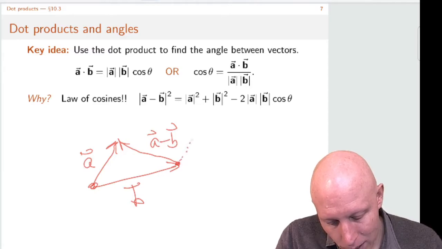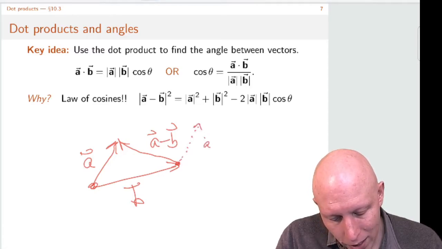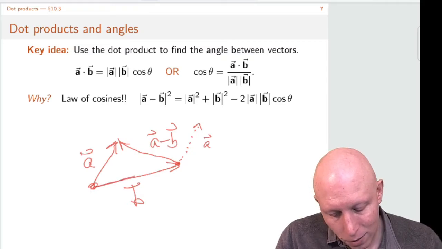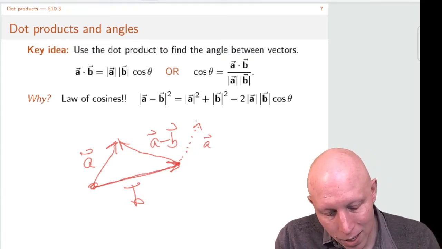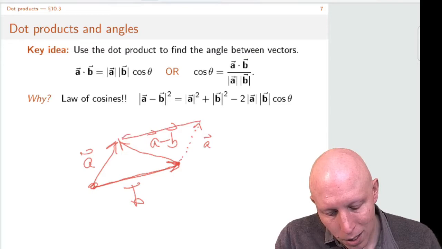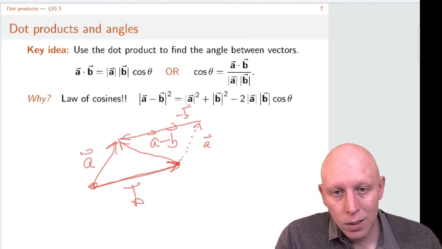How can you convince yourself that that's actually the vector A minus B? Remember, this is our vector A, and if this is the vector B, then negative B is the vector in the opposite direction.